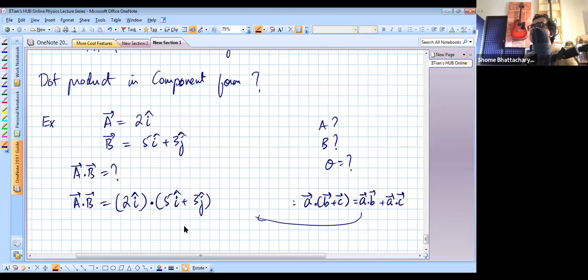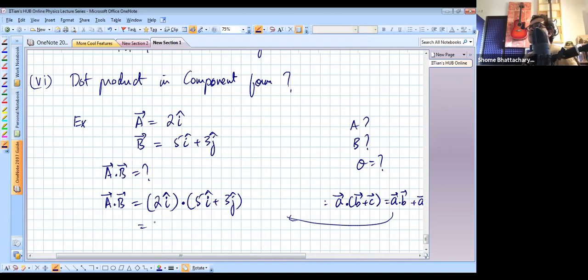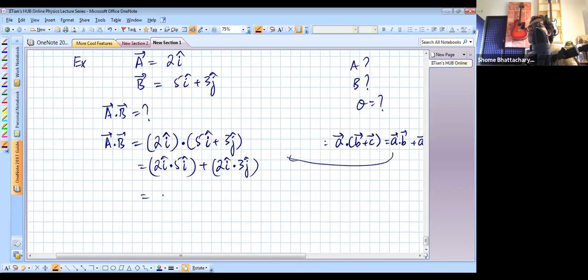Using this, as you can see, it will become 2i cap dot 5i cap plus 2i cap dot 3j cap. Next step, we can write this as 10 into i cap dot i cap, plus 6 into i cap dot j cap. From the previous slide, we know i cap dot i cap is unity, and i cap dot j cap is 0.